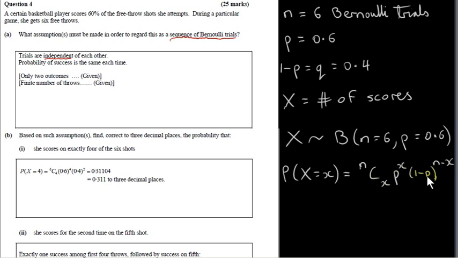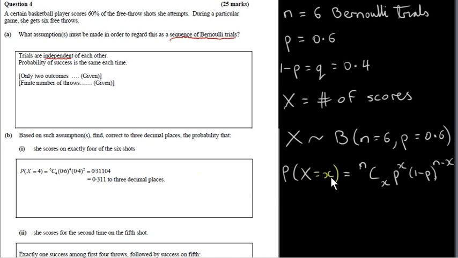I've explained this in detail in other videos. So x in this example is the number of scores out of 6 attempts. So x takes on values ranging from 0 to 6: 0, 1, 2, 3 up as far as 6. She can get no scores, exactly 1 score, exactly 2 scores, all the way up to exactly 6 scores.